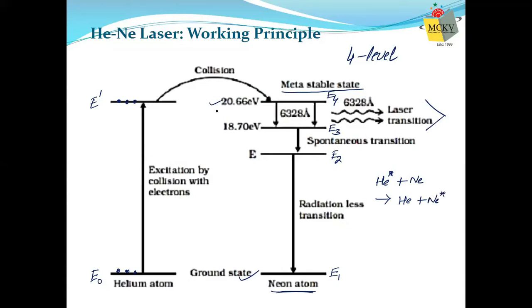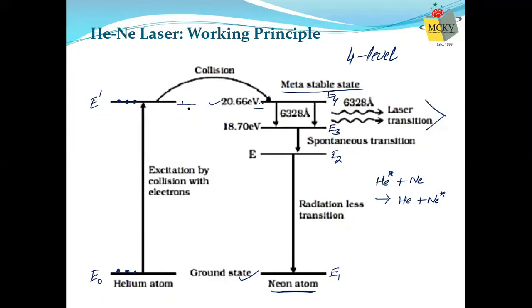Now you observe this energy level E dash of helium is very close to E4 of neon. Actually, E4 is just slightly below the E dash. But that very small difference can be achieved from the room temperature.